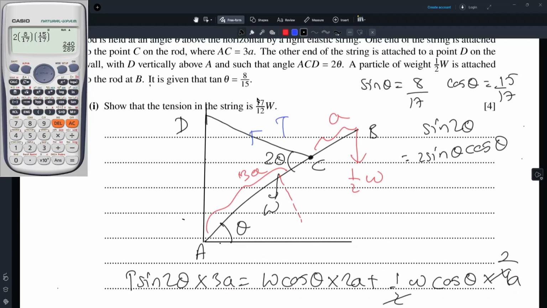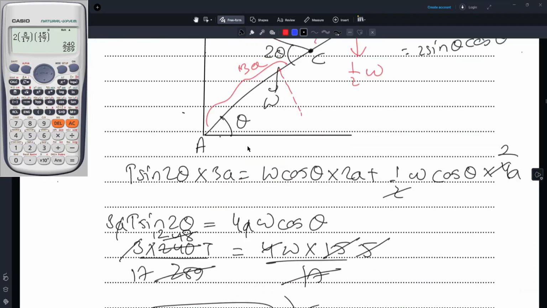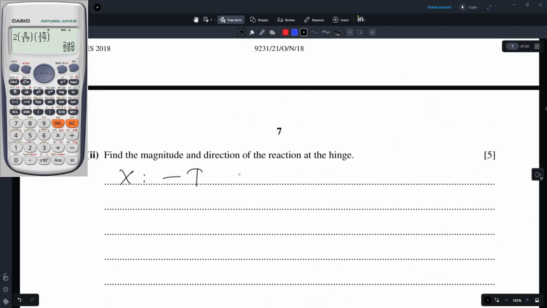Because it's trying to experience the force downwards like this, the normal reaction is still supposed to be downwards for the hinge, and for the rod it's supposed to be upwards, maybe. But in this direction we have minus T cos theta.